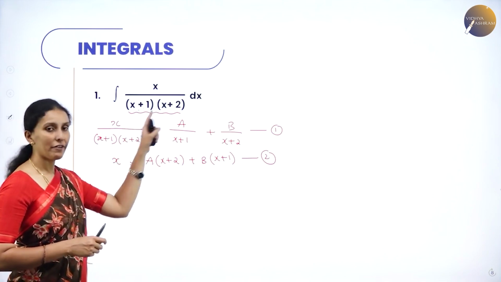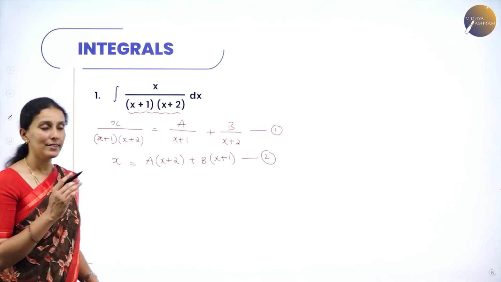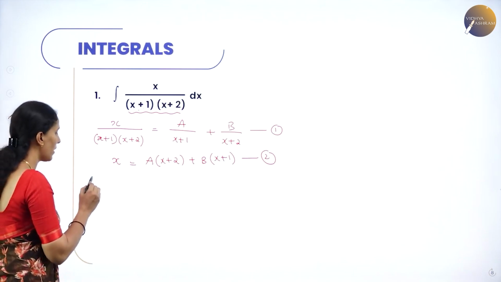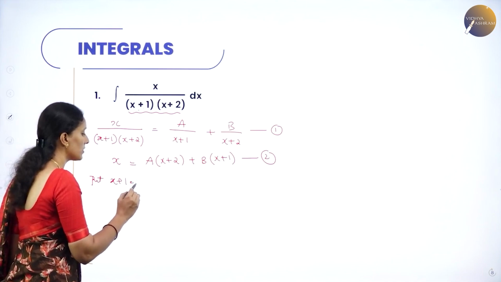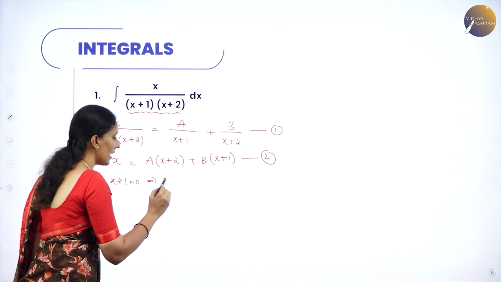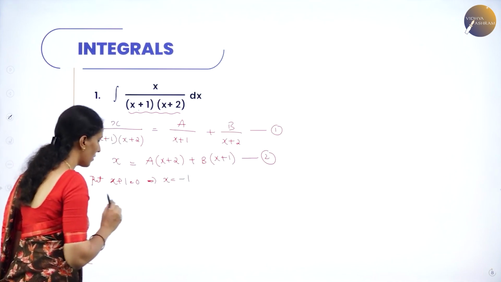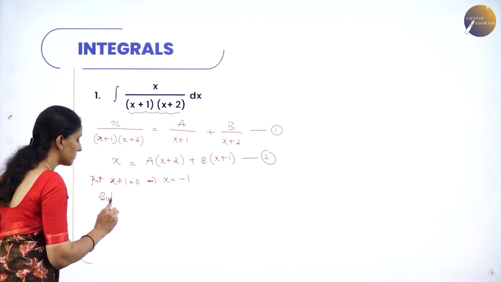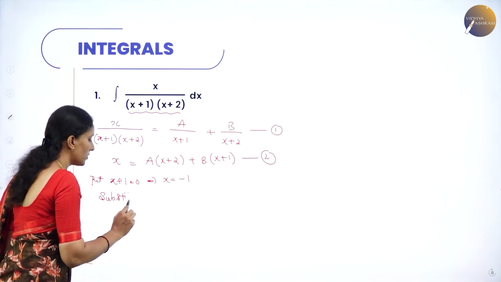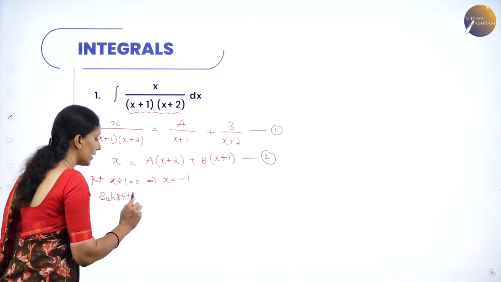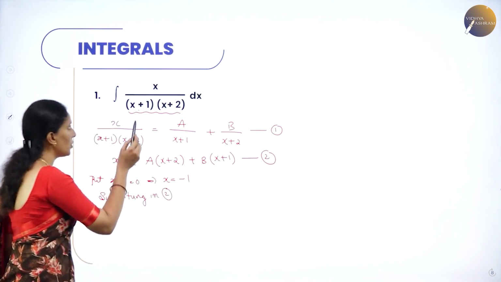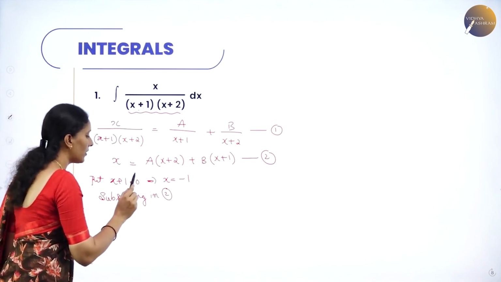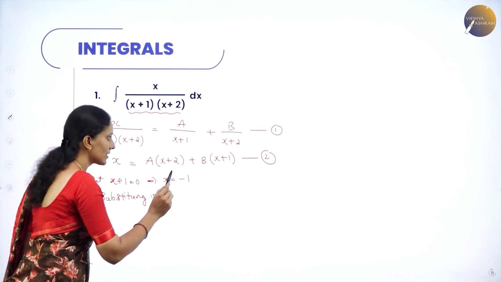What is the next thing? You have two linear factors, put them as 0. First one, you have x plus 1, put x plus 1 equal to 0. What does it give? x is equal to minus 1. So substituting in equation 2, once you equate any one of the linear factors to 0, you get the value of x.